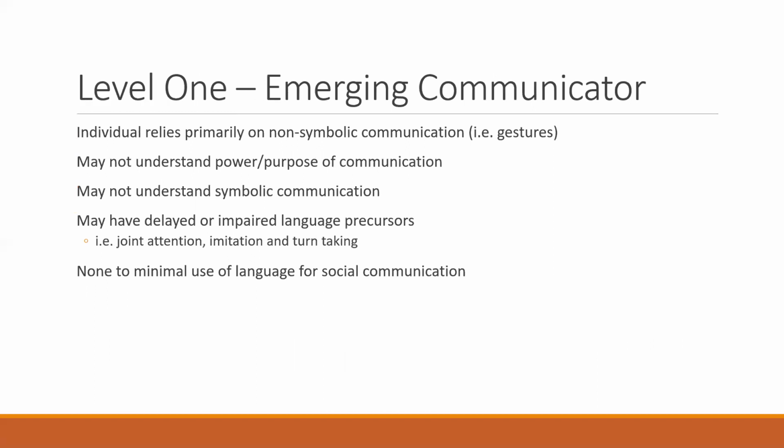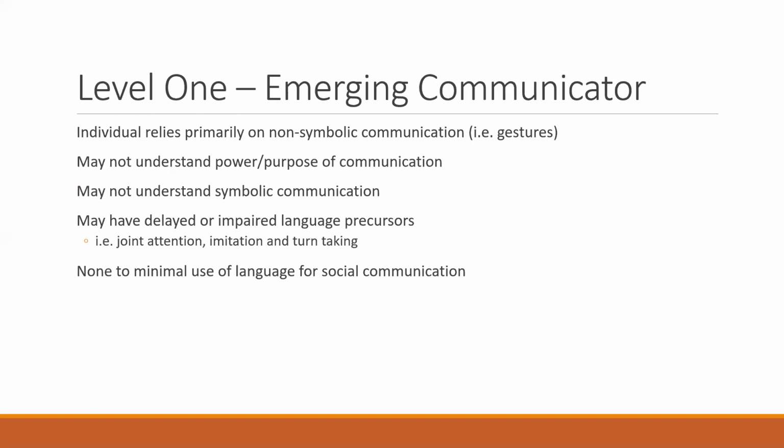Okay, so first, level 1, emerging communicator. These users primarily rely on non-symbolic communication. So they're not yet using those symbols, those pictures on their system. They're primarily using gestures, facial expressions. They may not understand yet the power and purpose of communication.